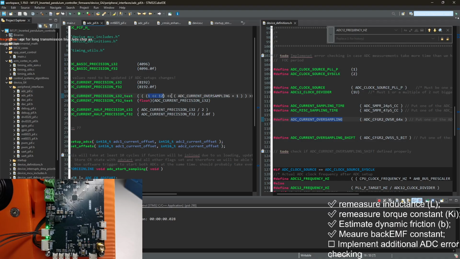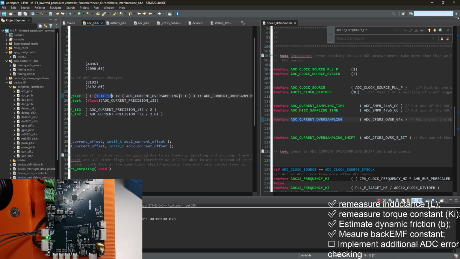If you oversample 2 times, you increase the resolution by multiplying by 2. If you oversample 4 times, you multiply by 4. Multiplying by 2 is a left shift by 1. If I increase by 4, I left shift by 2. If I increase by 8, I left shift by 3, and so forth. If I increase by 16, I left shift by 4.